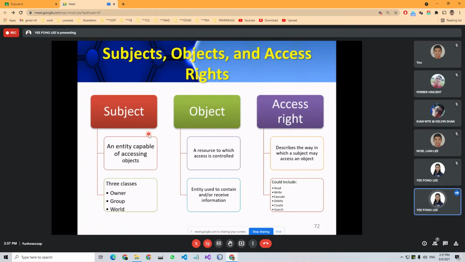Basic elements of access control are three: subject, object, and also the access right. Subject here is an entity capable of accessing an object. Who are they? If they are the owner of the resources, of course they can access, right?